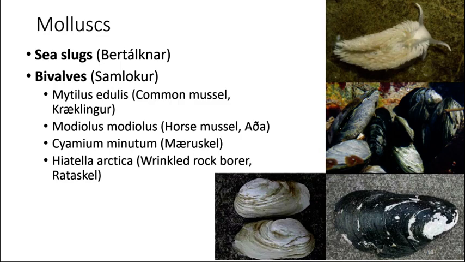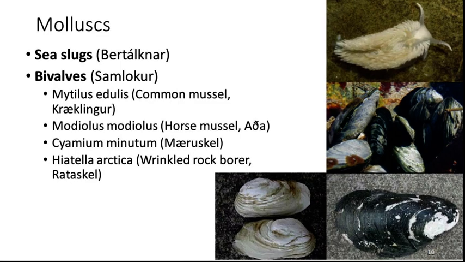The sea slugs have outer gills, and that's actually where they get their Icelandic name from. Bertálknar means that they have the gills without any cover. So they come in various sizes, shapes and colors, and are very beautiful actually, and swim around with very beautiful wave movement, and they are often seen by divers that are diving in shallow waters. The sea slug is, for example, here on the top picture.